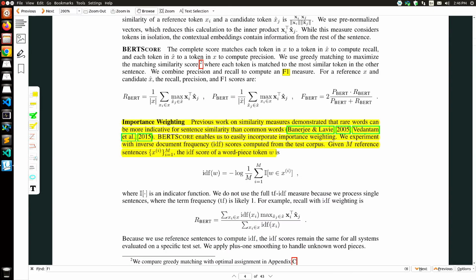Another important factor proposed in this paper is that the authors also introduced the notion of weights for each word similarity calculation. Here is what they are explaining: previous work on similarity measures demonstrated that rare words can be more indicative for sentence similarity than common words, and BERTScore enables us to easily incorporate importance weighting. So they stick with IDF, that is inverse document frequency weights, which they derive from a large amount of offline text data.